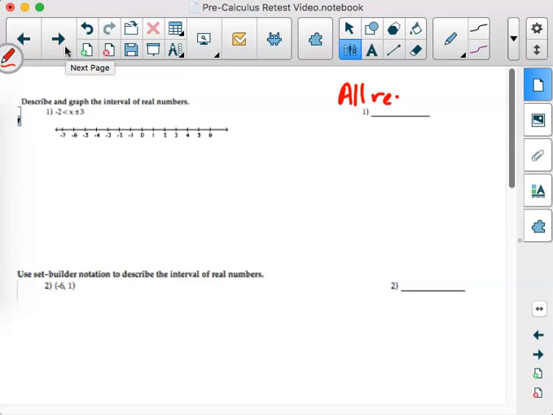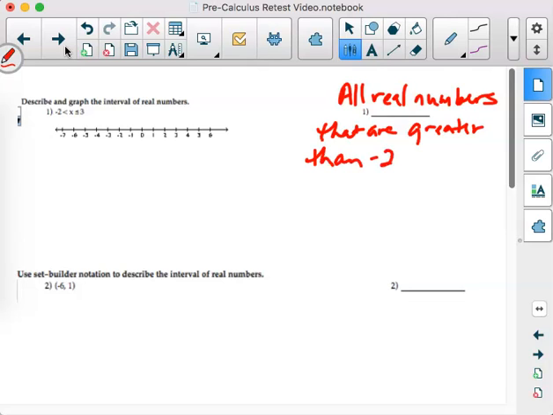So x is going to stand for all real numbers, and you read this from the inside out, so it's all real numbers that are greater than -2, and, because this is an and sandwich here, less than or equal to 3. So there's the description right there: all real numbers that are greater than -2 and less than or equal to 3.